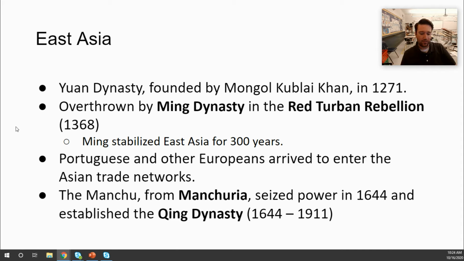The fact that more Christianity is being introduced in China gets pushed back by some people, and this internal conflict leaves them vulnerable for invasion. They do get invaded by the Manchus, who are from Manchuria, and they will end up seizing power away from the Ming dynasty and establishing what is known as the Qing dynasty. And the Qing dynasty, 1644 to 1911, is the last of the dynastic rules of China. And so that is something that we'll be bringing up over the course of the next couple of periods of history.